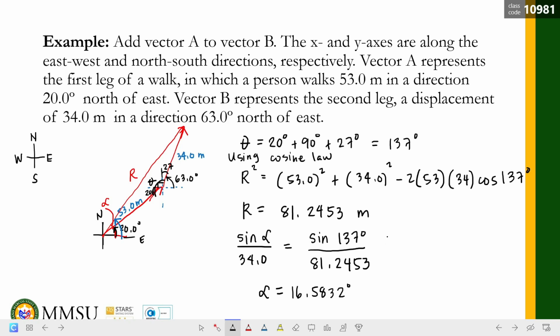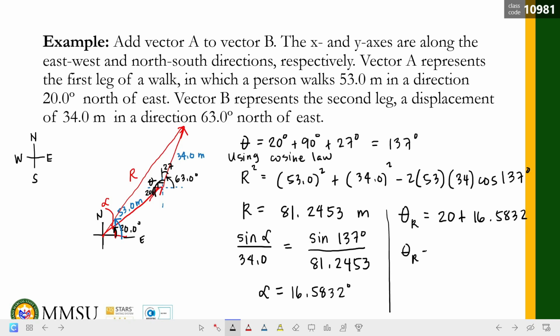Therefore, yung angle natin, gumamit na tayo ng theta kanina. Yung angle theta natin, lagyan na lang natin ng theta sub R. Ayan. Para maano natin na this is the angle of the resultant from the x-axis. Siyempre, kailangan natin yan ng 20, tapos i-add natin yung na-compute natin na 16.5832.